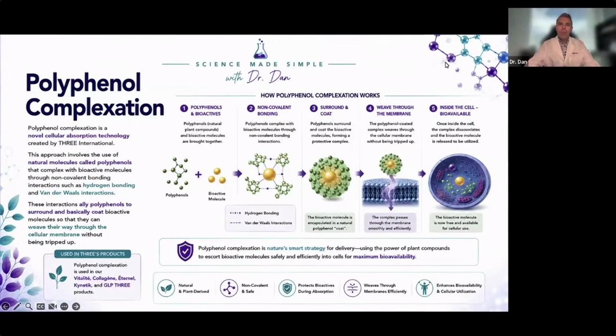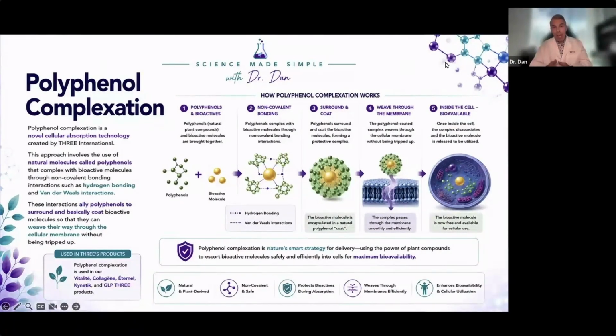But what we can do with polyphenols, because there are so many different types, early on in my career, when I was synthesizing pharmaceutical drugs and trying to figure out how to make these drugs absorbable, we found that there were certain polyphenols that would actually coat and surround the organic compounds, surround the drug in my earlier case.